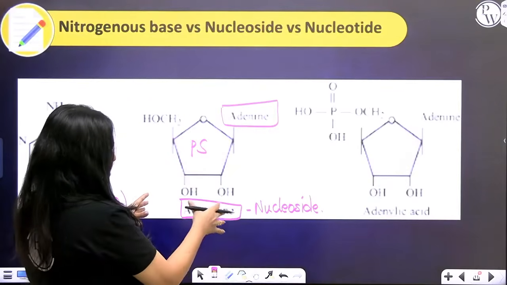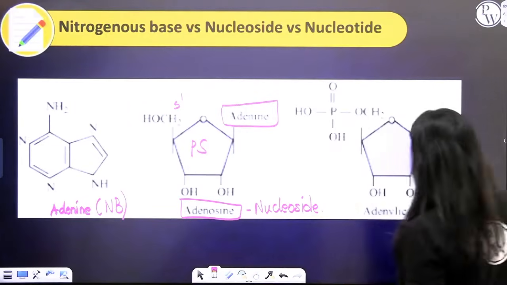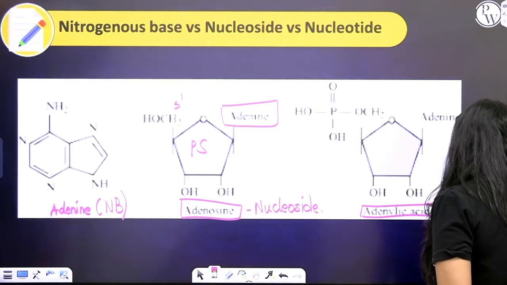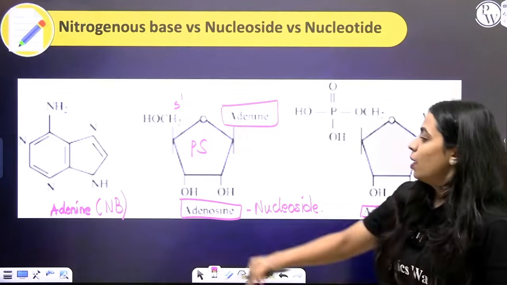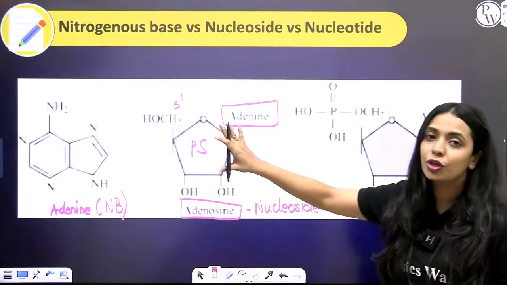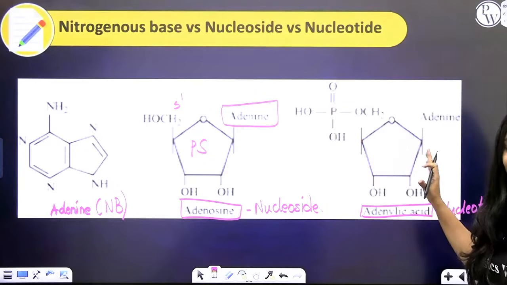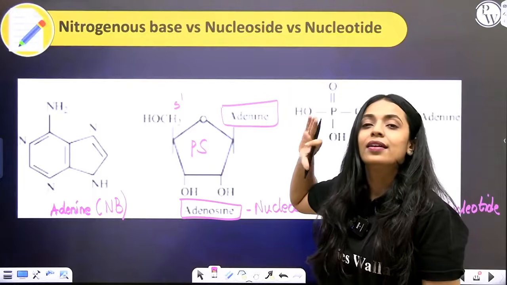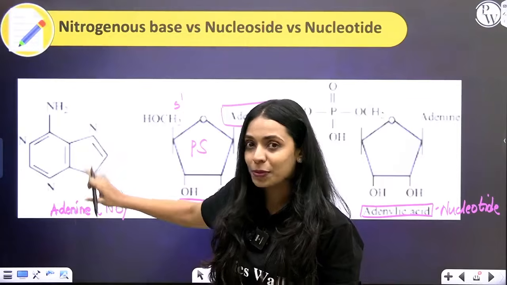To this nucleoside, at the 5th prime carbon, if you attach a phosphate group, you will get adenylic acid, which is a nucleotide. Nitrogenous base plus sugar, nucleoside. Nucleoside plus phosphate, nucleotide. Nucleotide minus phosphate, nucleoside. Nucleoside minus sugar, nitrogenous base. I hope this is clear.